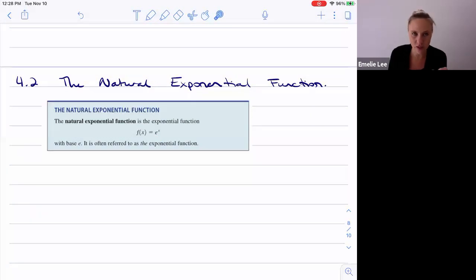E is a constant, just like pi is a constant, and it never ends. So e is often on your calculator, and if you want to know what e is, you do e to the power of 1. Now, because my iPad keeps kicking me out whenever I change screens, I'm not going to be able to show you in the Desmos calculator.